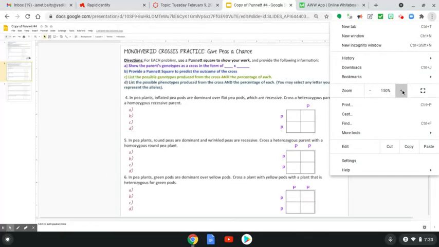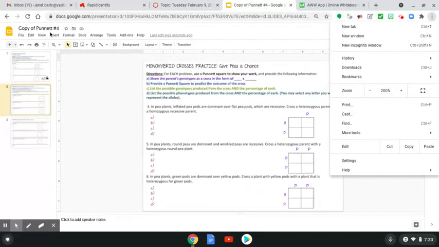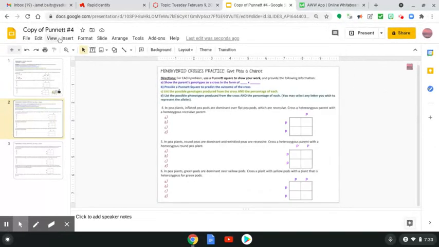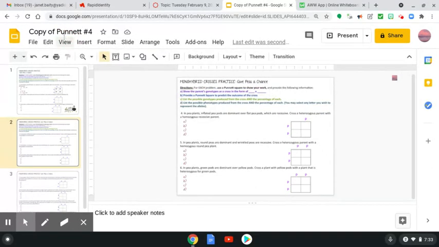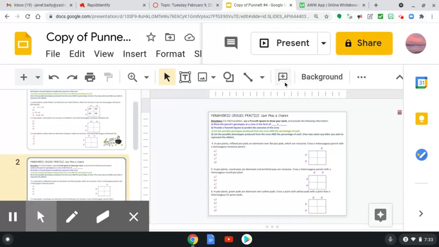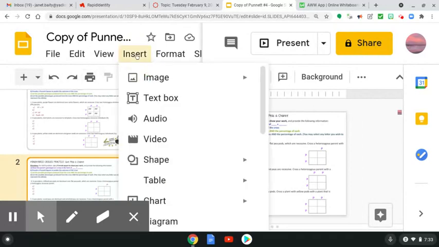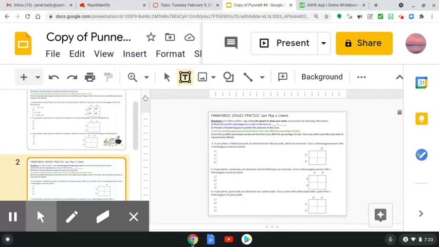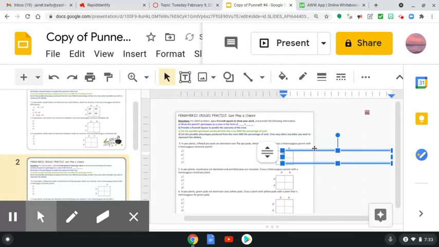If you do, you're going to need to insert a text box, and then you have to make it little again.